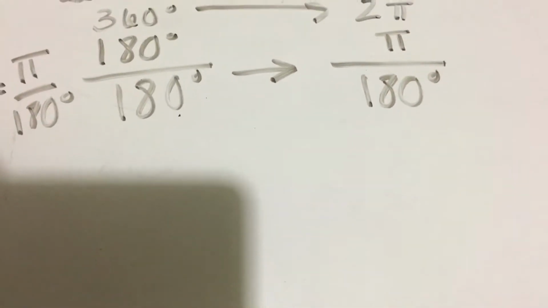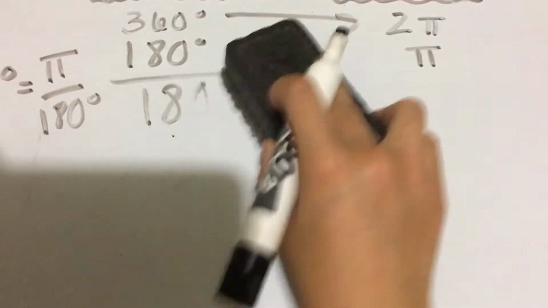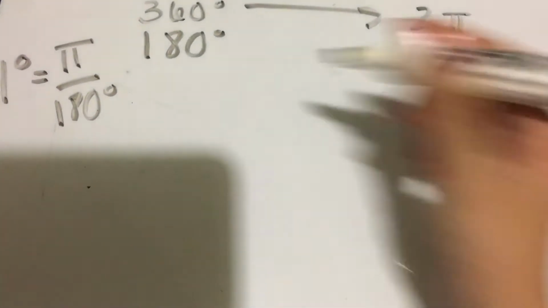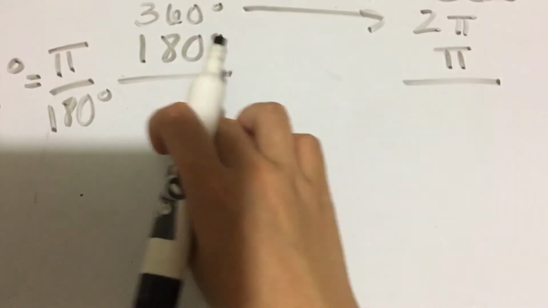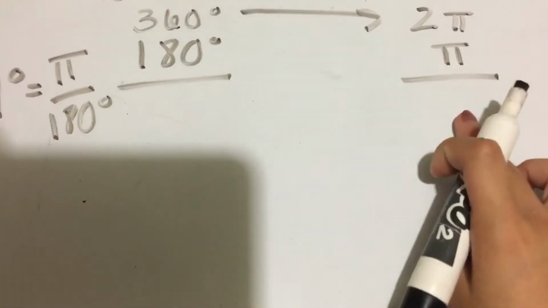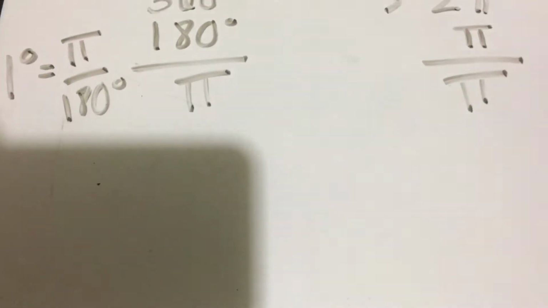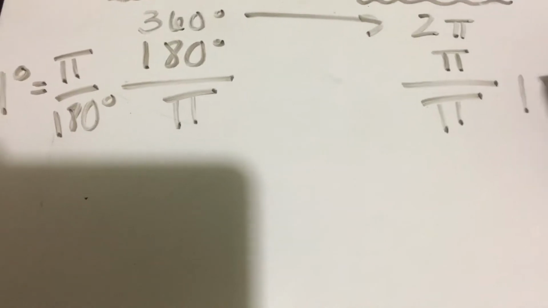To find the conversion factor for radians, it's the same thing, except instead of dividing both sides by 180 as we did before, we'll be dividing both sides by pi, because that will change pi into 1 rad, which is what we need.